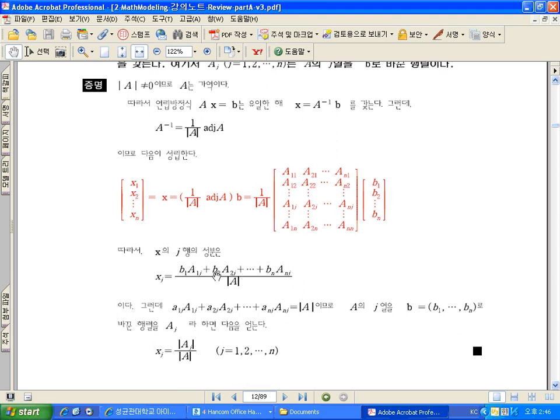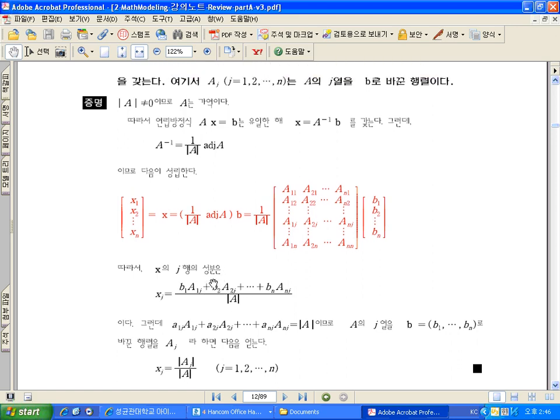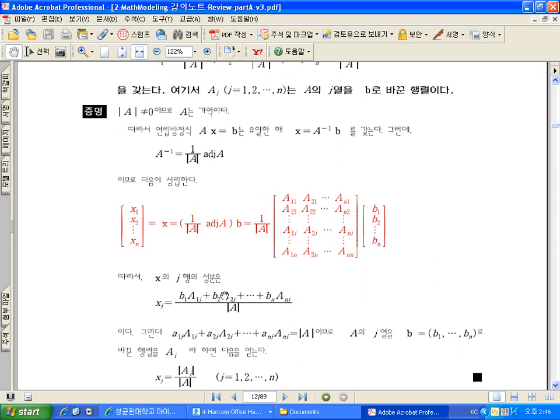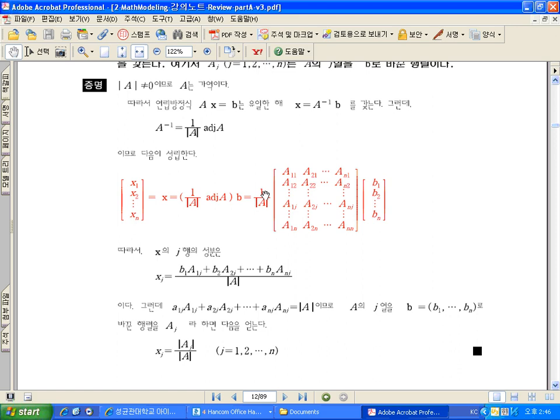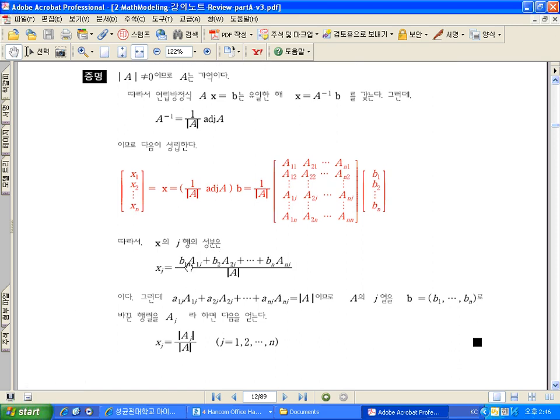All we need is to figure out what this is. We can easily find this is the same as what was defined in here. Because, you see, here are b1, b2, and bn. This is a cofactor expansion on the jth column with b1, b2, and bn.